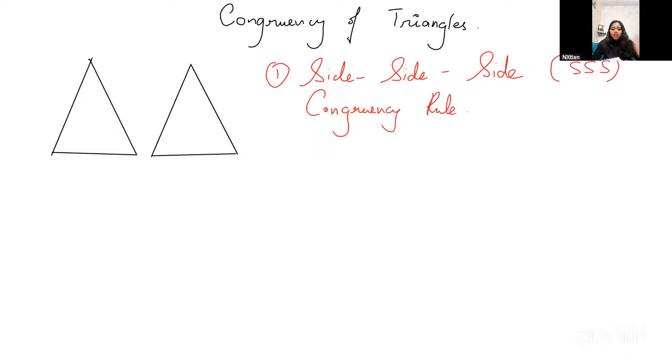This rule says that the three sides of one triangle are equal to the three corresponding sides of the other triangle.